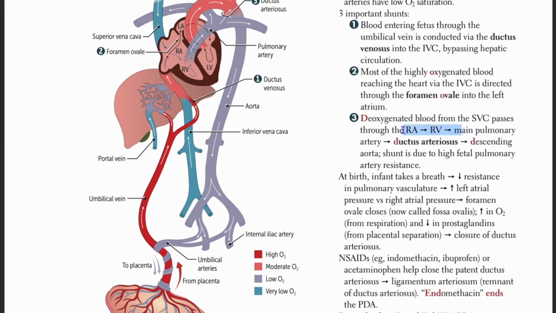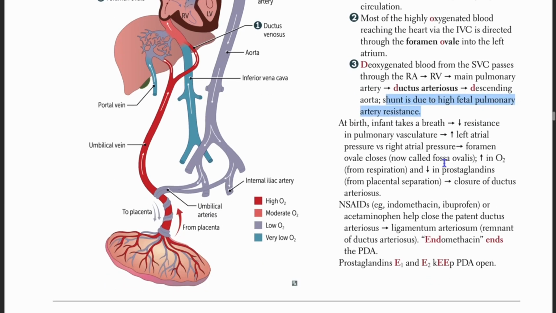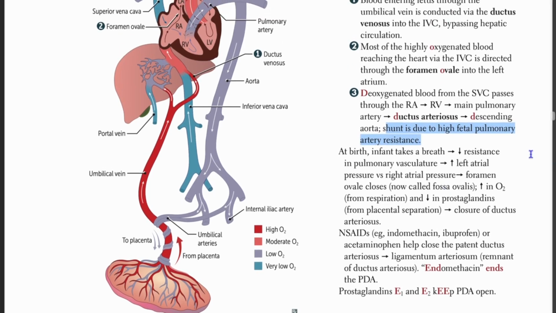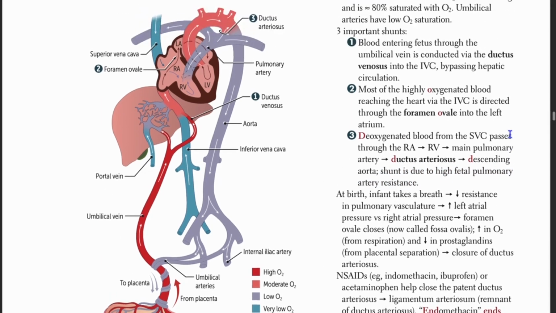So main pulmonary artery to ductus arteriosus to the descending aorta, okay? And the shunt is due to high fetal pulmonary artery resistance, okay? So the lungs are creating the resistance. And then after it reaches that, it just goes through and through, downwards.